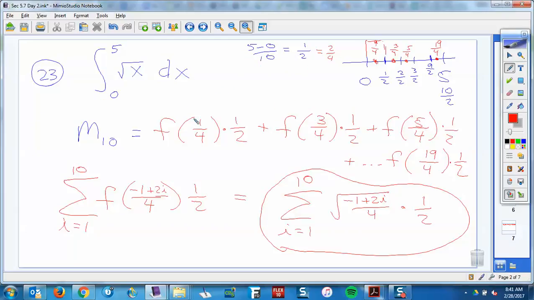But let's go back to this, okay? Let's look at this and compare it to this, right? Sigma, messy. Integral, it's the opposite of messy.